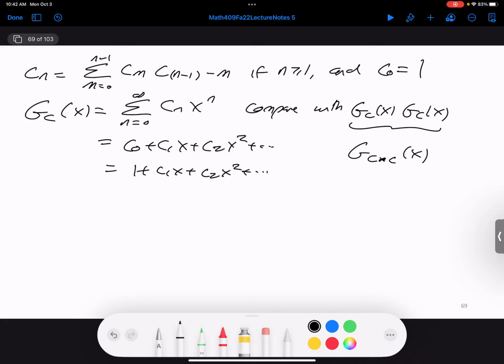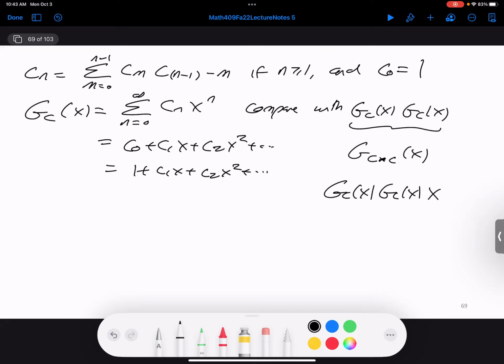Well, what we saw is that the n minus first term of the convolution is equal to the nth term of the original function. It's shifted by x. So if we look at GC of x times x, do we agree that the coefficient of x here now agrees with the coefficient of x in GC of x? And the coefficient of x squared now agrees with the coefficient of x squared. What is missing now between this and the original function?